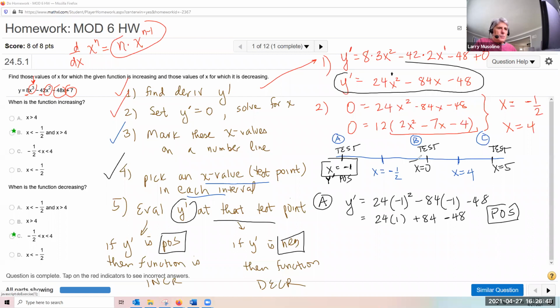Let's do the test point where x equals 0. y prime is 24 times 0 squared minus 84 times 0 minus 48. Well, this is going to be 0 minus 0 minus 48. I could see that's going to be negative. So in the middle, this derivative is negative. Let me do one more.